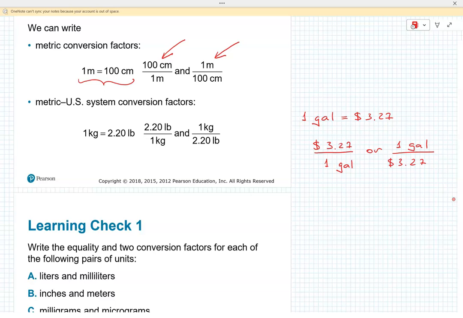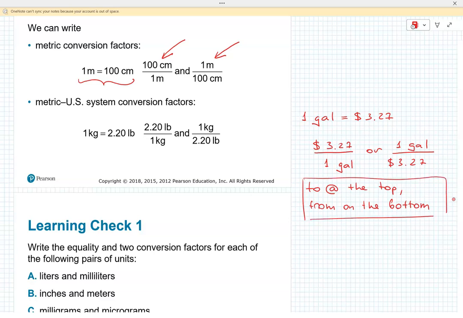This is the rule that I think is very easy to remember: to at the top, from on the bottom. So in this case, you need to buy 5 gallons. You need to convert it into money. I know, it sounds stupid. You can do it in your head. I'm just illustrating that you're using conversion factors in life all the time.